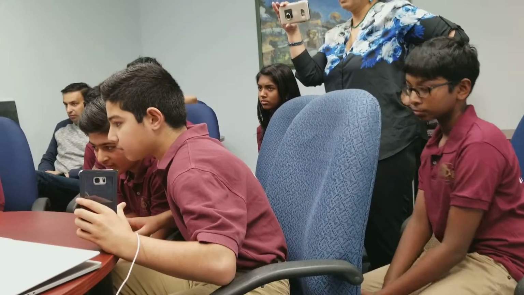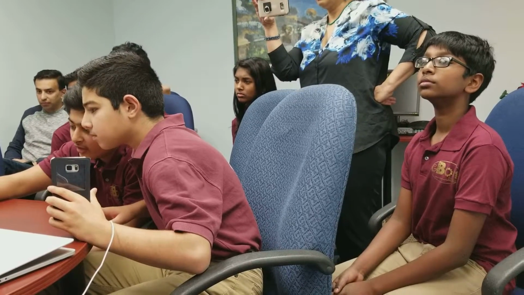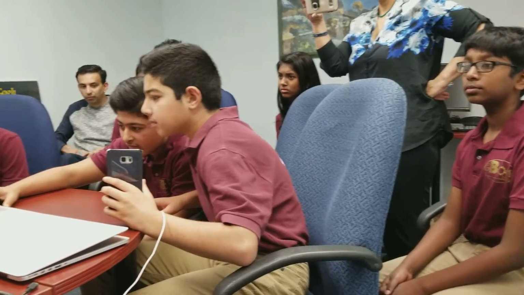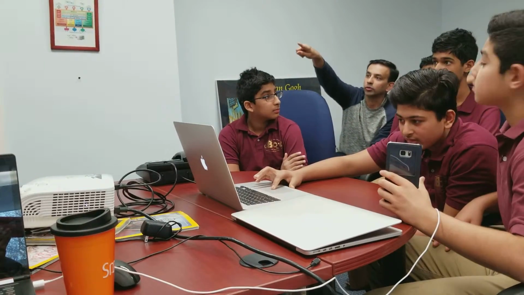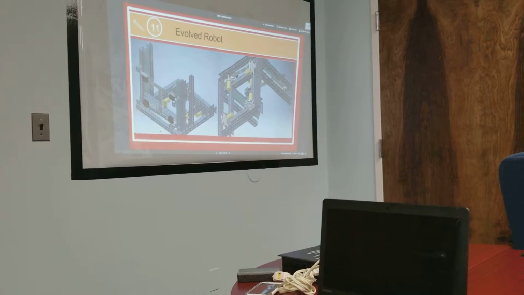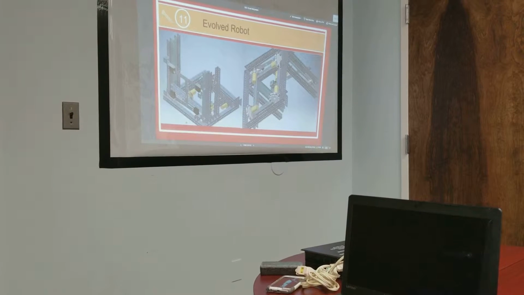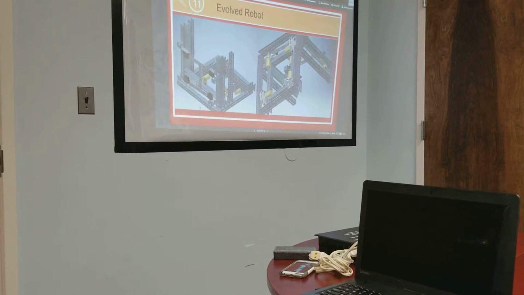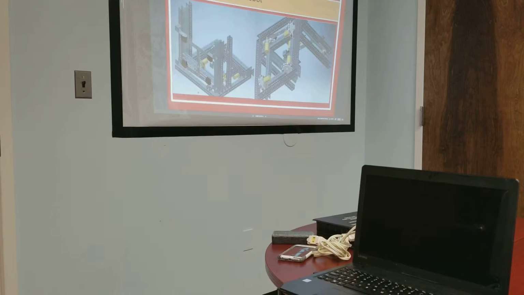What are these black things on the left-hand side? Oh, these are the servo motors. This servo is connected to the small gripper that actually grips the cubes.